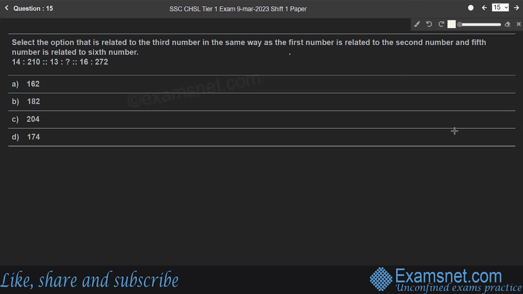Question 15. Select the option that is related to the third number in the same way as the first number is related to the second number and the fifth number is related to the sixth number. Here first number is 14, so 14 is to 210. Here 210 can be written as 14 into 15 or 14 into 14 plus 1.